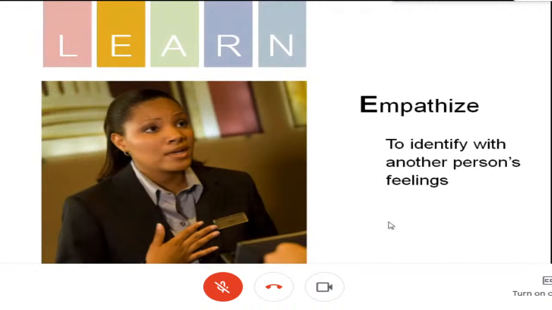Second is empathize. Empathize is a kind of thing to identify with another person's feeling. We need to say, I really feel how you are feeling right now. I can really understand how you are feeling right now. These kinds of words we have to use in case anything happens, so that the people will know that you really feel how they are.